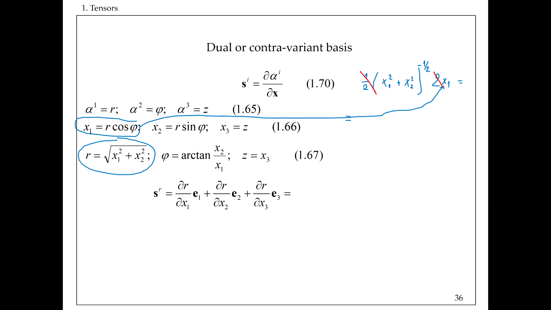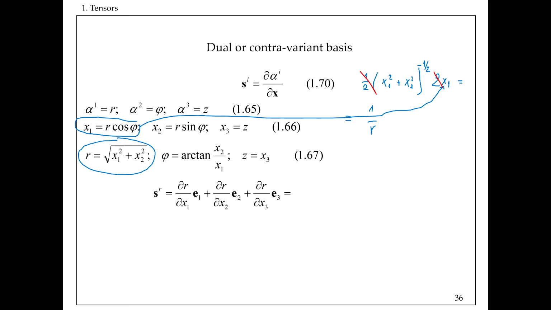So x1 is r cosine phi. Now, x1 squared plus x2 squared, to the power of minus one half, is nothing but r to the minus one, so this whole thing will be 1 divided by r. Because r is equal to the square root of x1 squared plus x2 squared, and so if it's minus, it will be 1 divided by r.